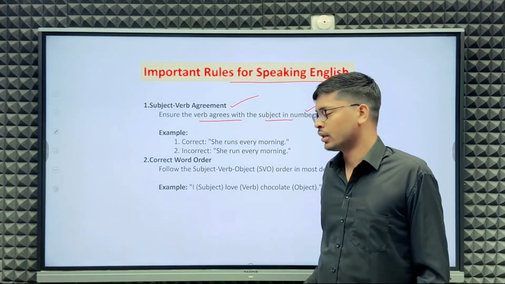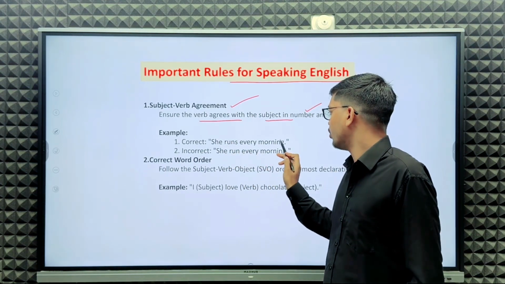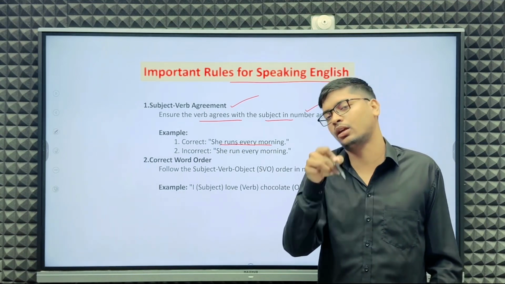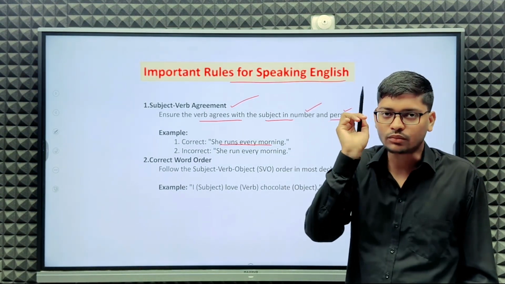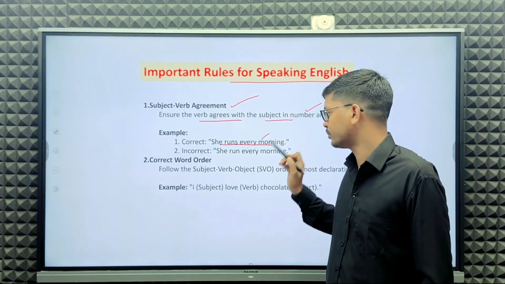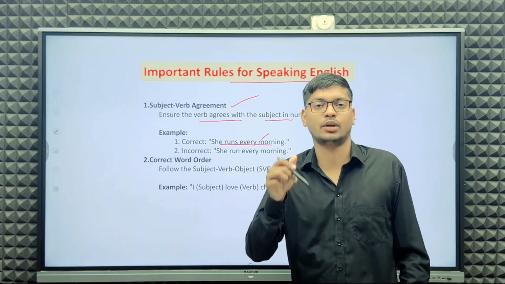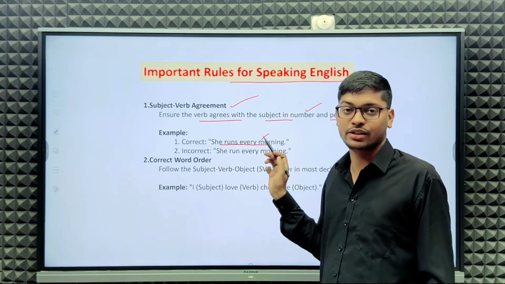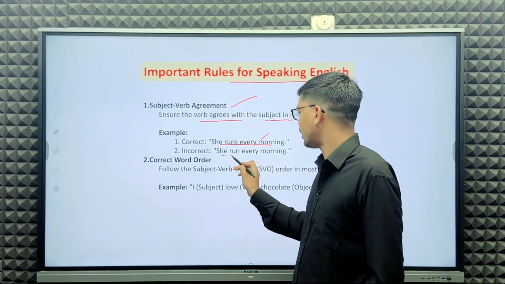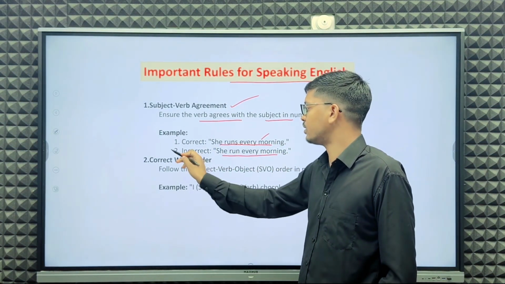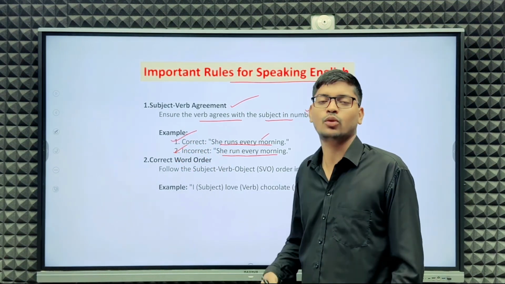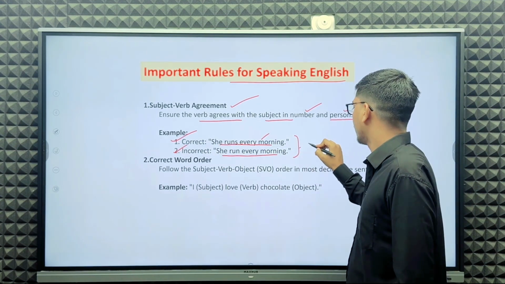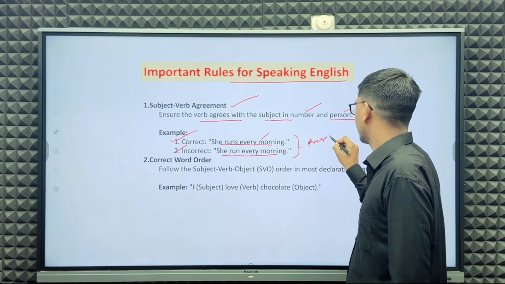Okay, example: she runs every morning. Tell me in the comment box which type of tense is here. Okay, next, she run every morning. This is incorrect, this is correct. Why? This is a kind of present simple tense.